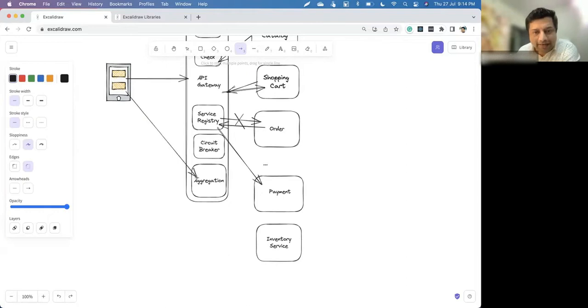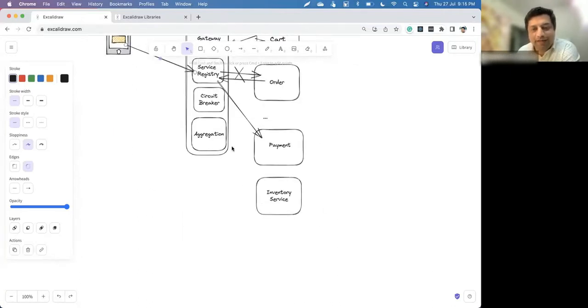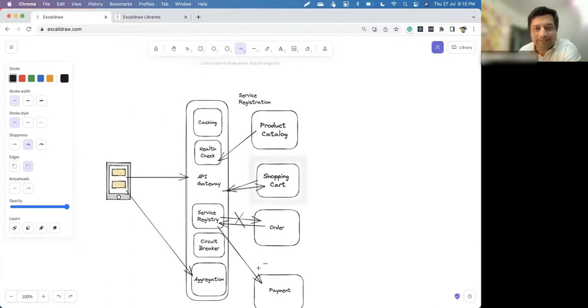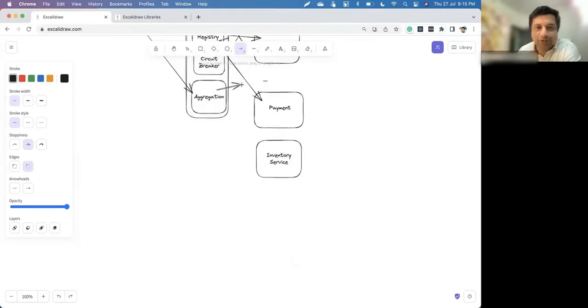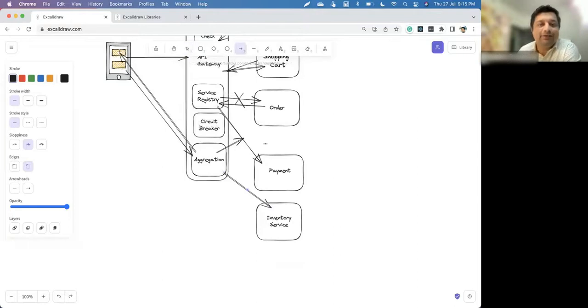So rather than client making two requests, one to call the product catalog and the other to call the inventory service, you may create a fake microservice, which is internally making two calls to two different microservices, aggregating the data and returning the data to the client, right? So this is another pattern, which is service aggregation pattern.